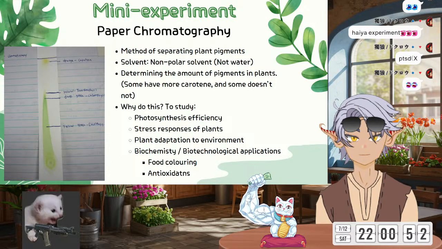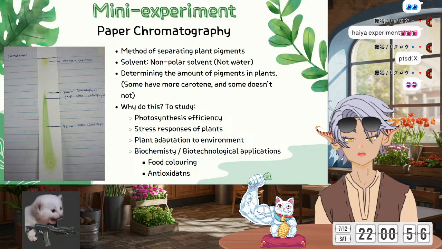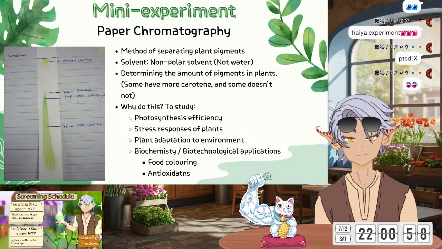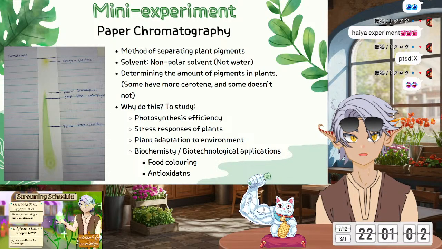There are many different methods to do chromatography. Like the first point said, it is a method of separating plant pigment. Chromatography is used not only in photosynthesis but also in food and many other fields of science.